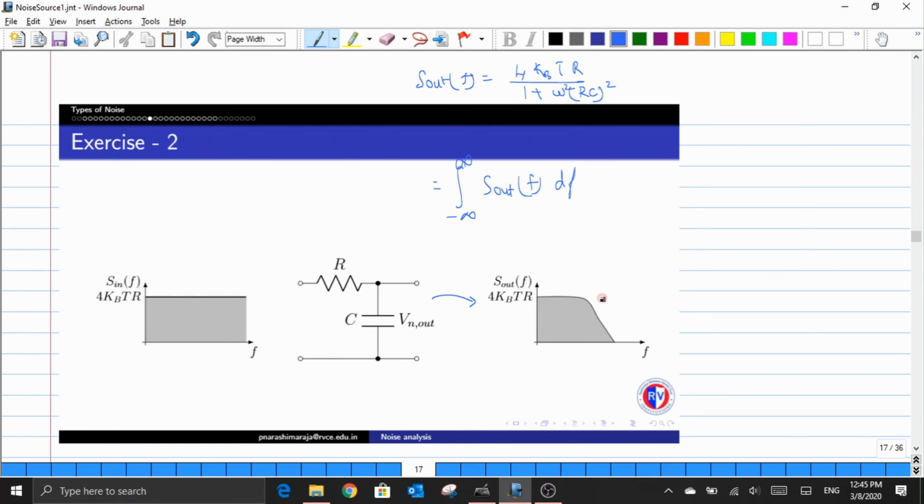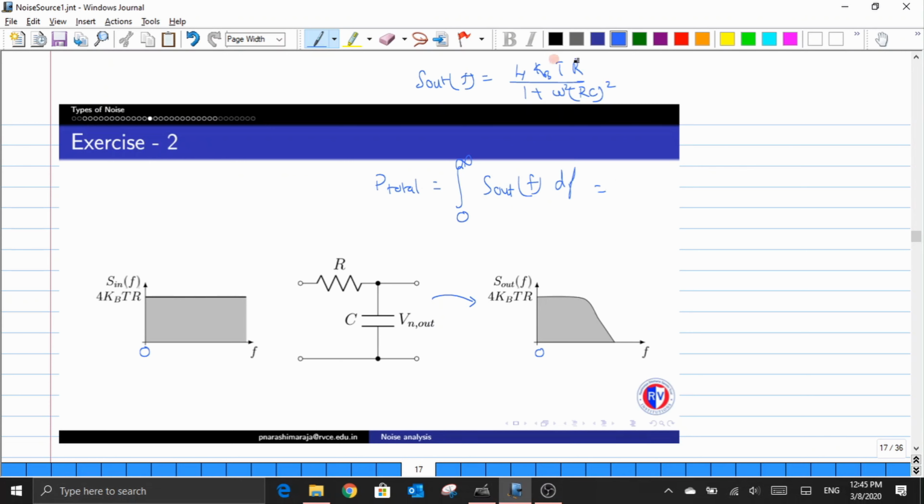Now clearly one could see that the power spectral density at the output of this RC network starts from a frequency of 0. So because of this, one has to rewrite this entire expression from 0 to infinity, and this will return us the total noise power at the output.